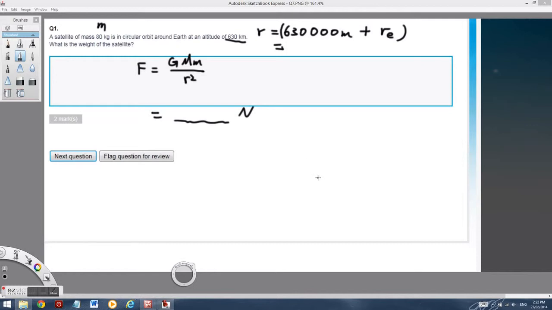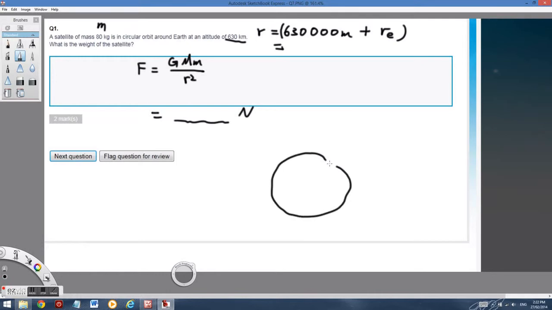Now let me explain that in a little bit more detail. This is the planet Earth, and this is the surface. The radius of the Earth is from the center to the surface.